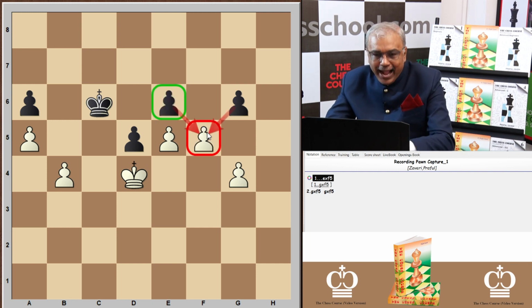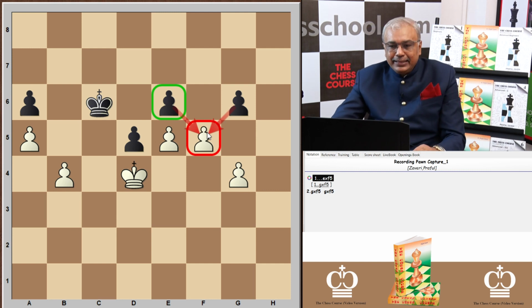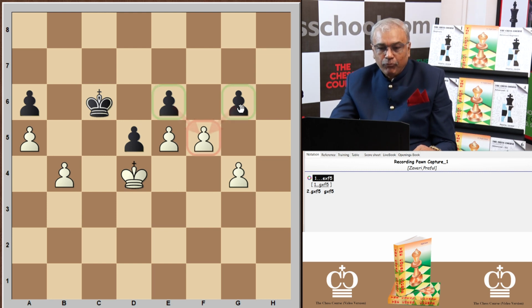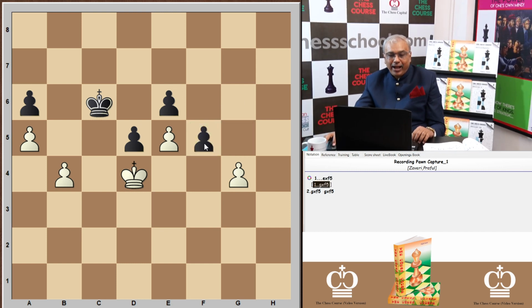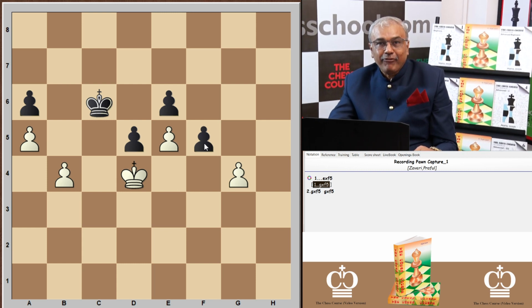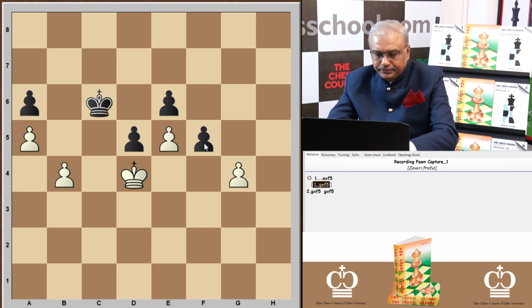Let us just go back, and here we see that black also has the option of capturing the f5 pawn with his g6 pawn. If he decides to go ahead with this capture, it would be recorded as G captures f5, indicating that the pawn which was standing on the G file, that is the g6 square, is capturing on f5.